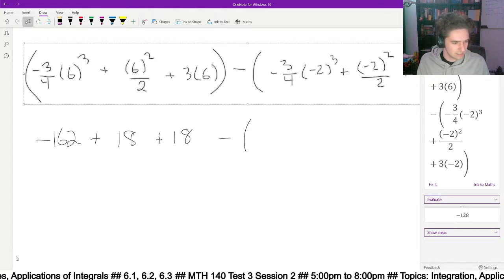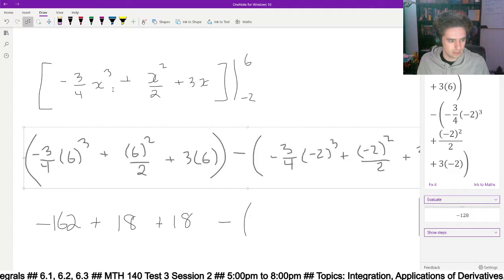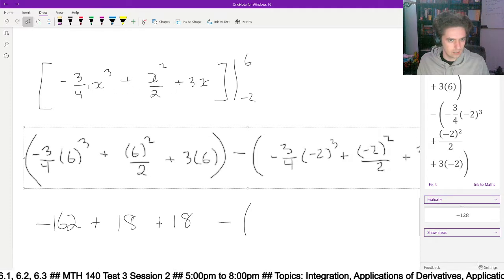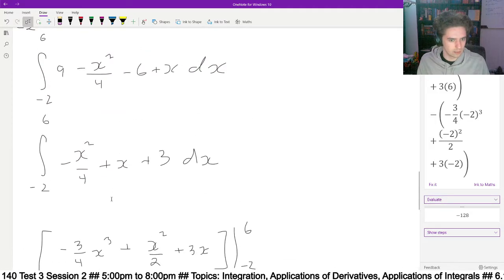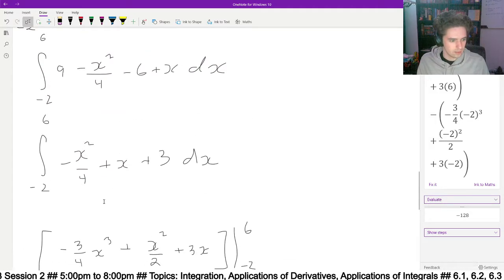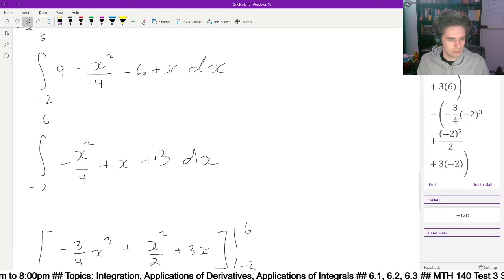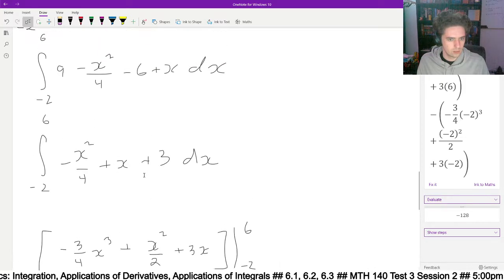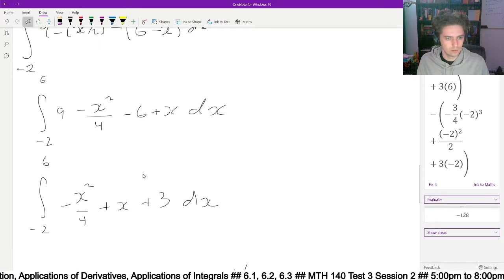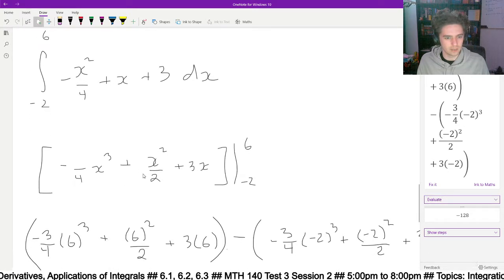Okay, is my antiderivative right? 6, -2, 3x minus... oh yeah, my antiderivative, hold on. No, there's something wrong with what I did. Oh, I multiplied by 3 instead of dividing by 3.